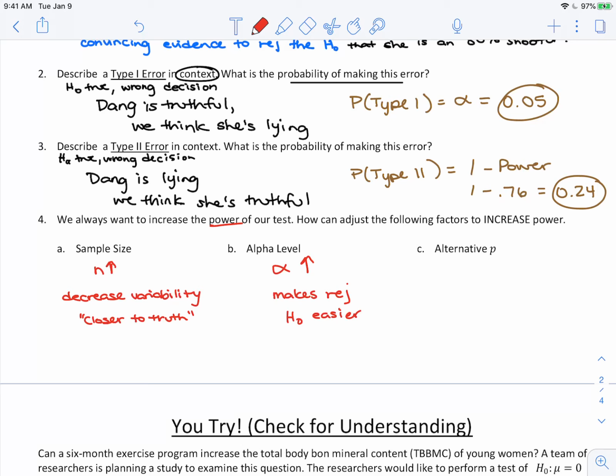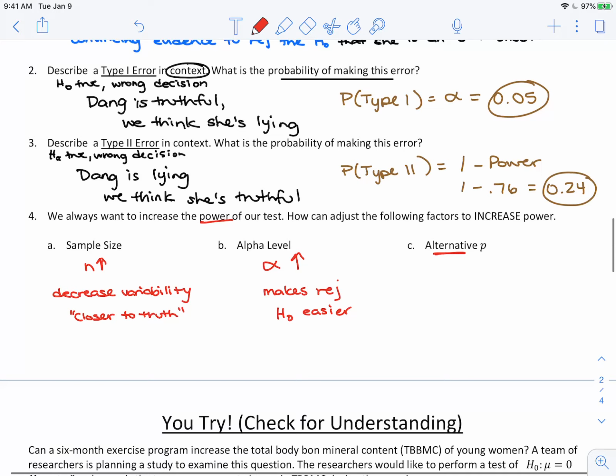And then alternative p. What I mean by this is that just have a different value for your proportion. So what you want to do is you just increase the distance from the Ha.